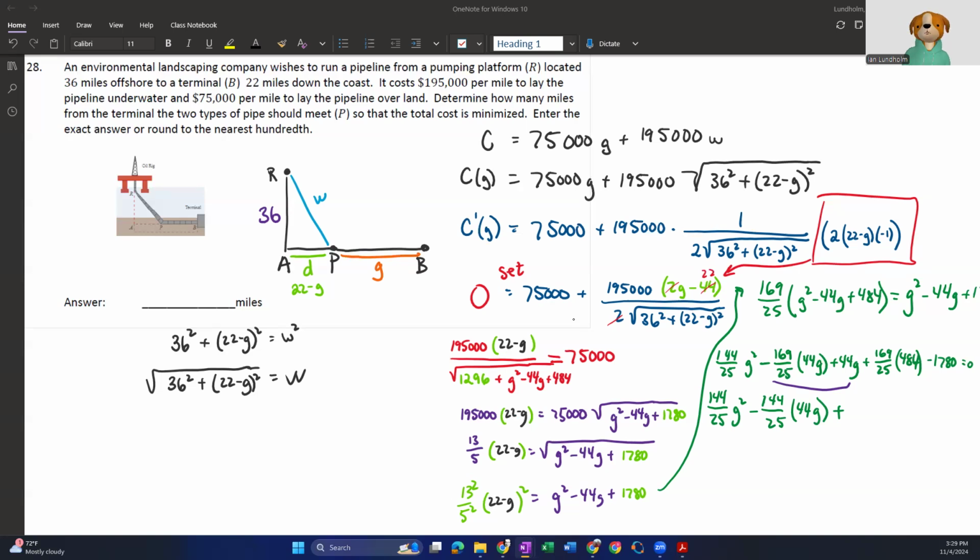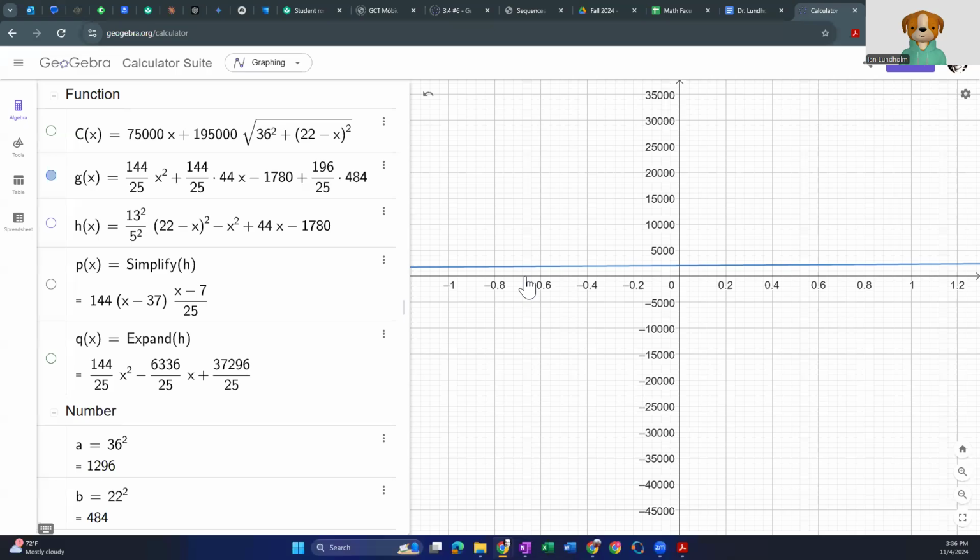So that makes this polynomial exactly the same. And that doesn't solve anything. Give me a second. Okay, y'all, I'm back. And the comedy of errors continues.